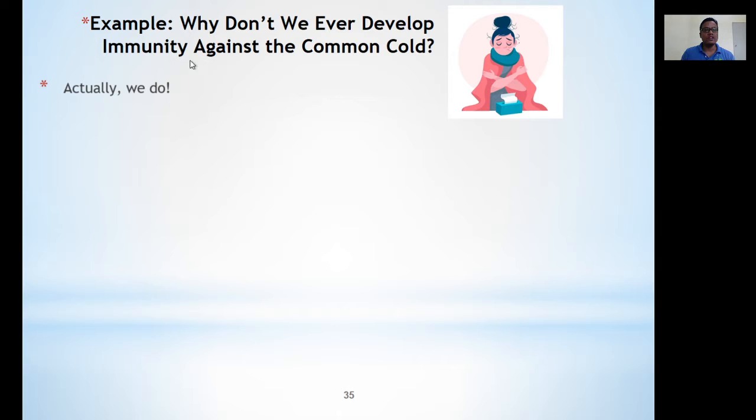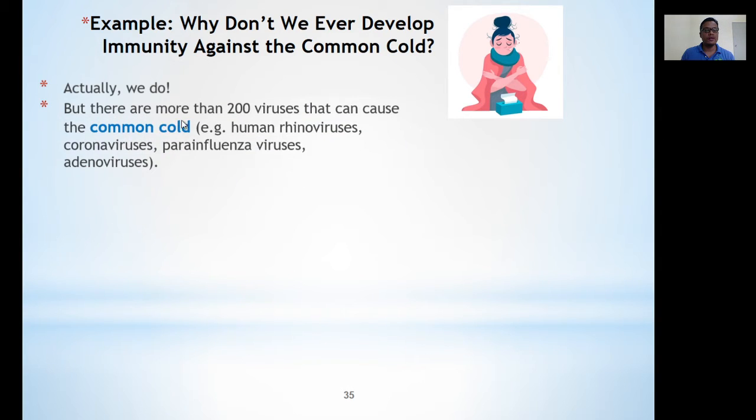Actually, we do develop the immunity, but the issue is there are more than 200 viruses. Here we talk about viruses; bacteria is another story. If we talk on viruses, there are more than 200 types of viruses that can cause the common cold or demam.